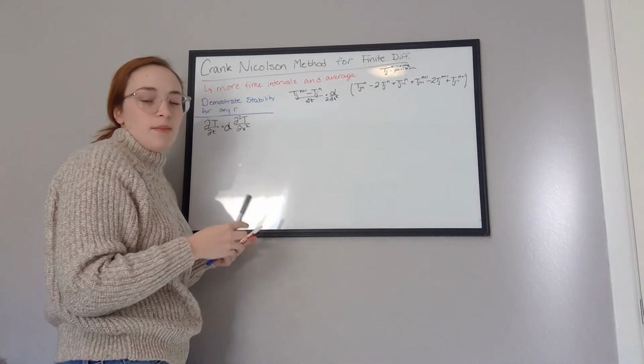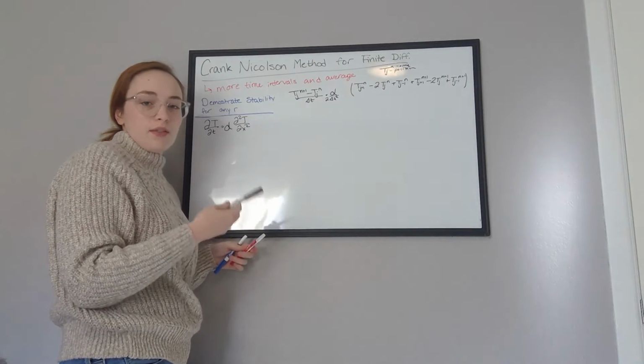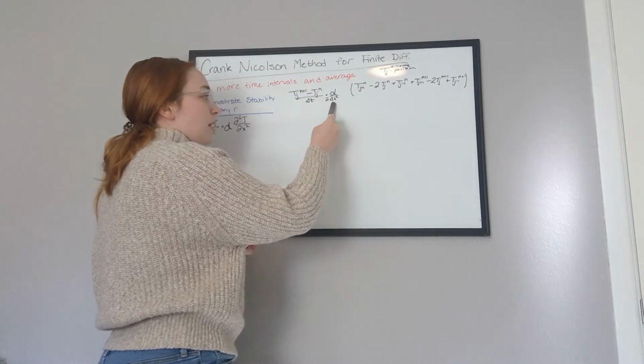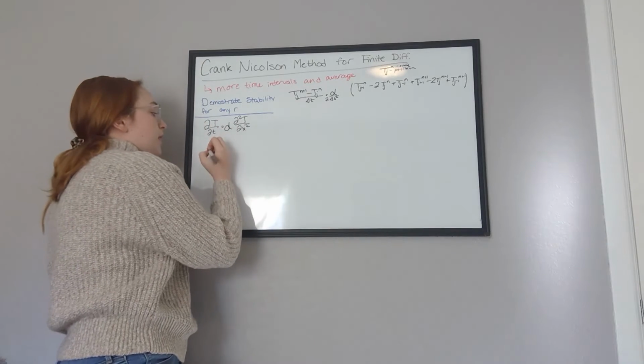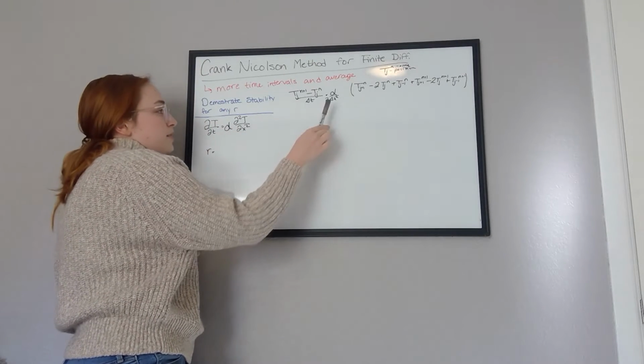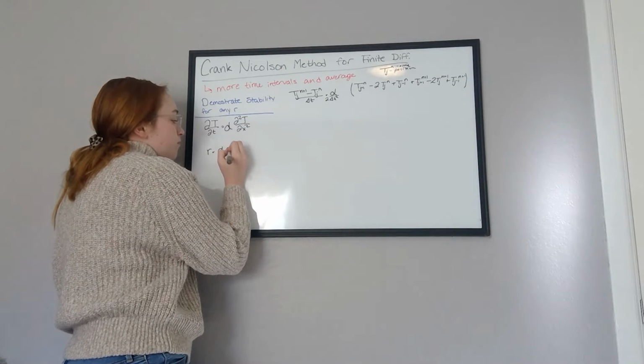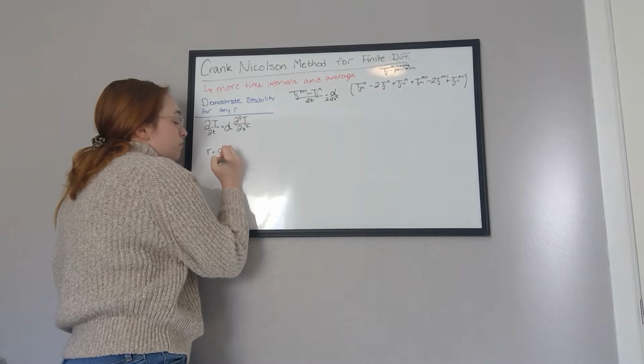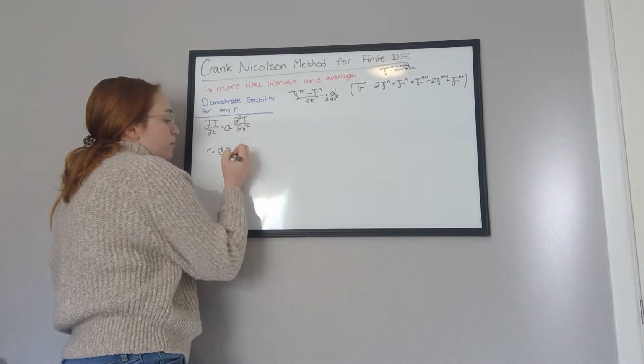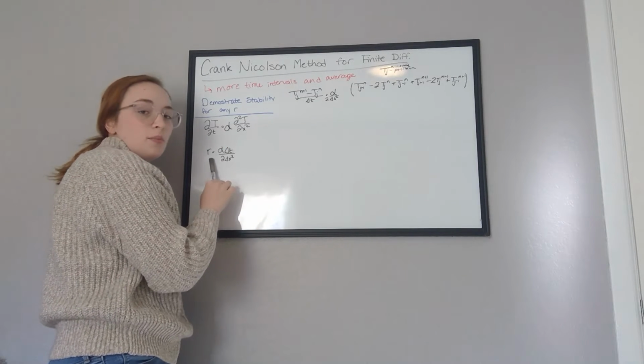We'll start simplifying with algebra as we have done previously. So we're going to go ahead and make this an r term again. The only difference is there's also a division by 2, but it's still constant, so we can still put it as r.